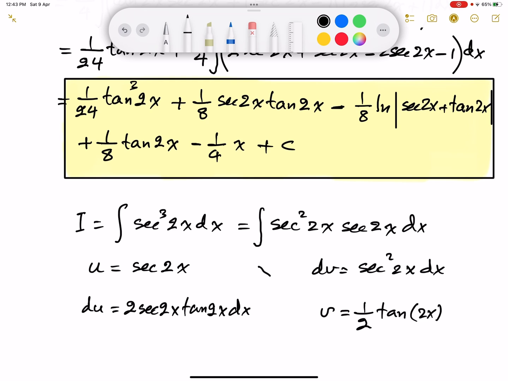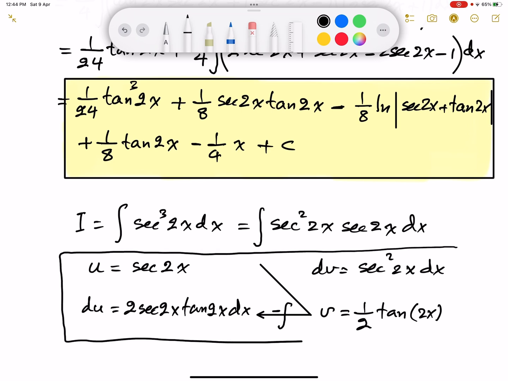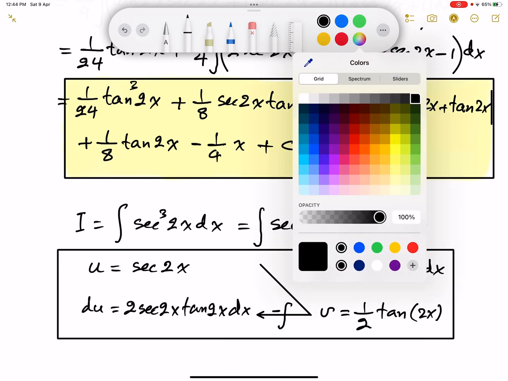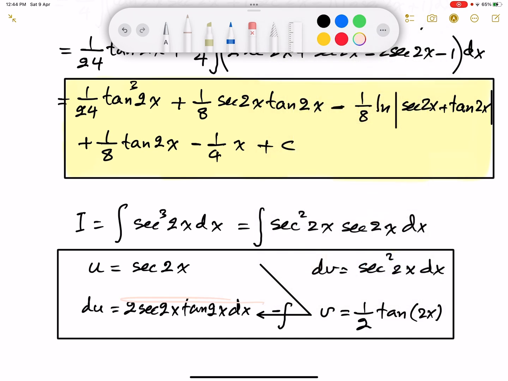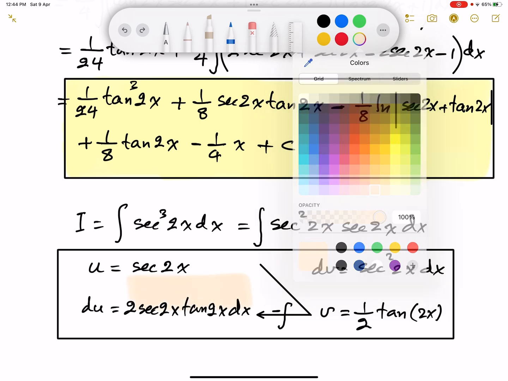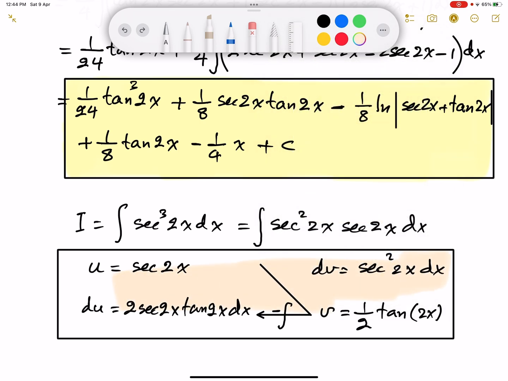And what we're going to do here, we're going to multiply this by this term here, and then subtract the integration of the multiplication of these two terms here. So I'll put a negative integral sign here so that we remember that we need to do that. And I will put everything here in a box and highlight it in a different color so it is easy to get back to.